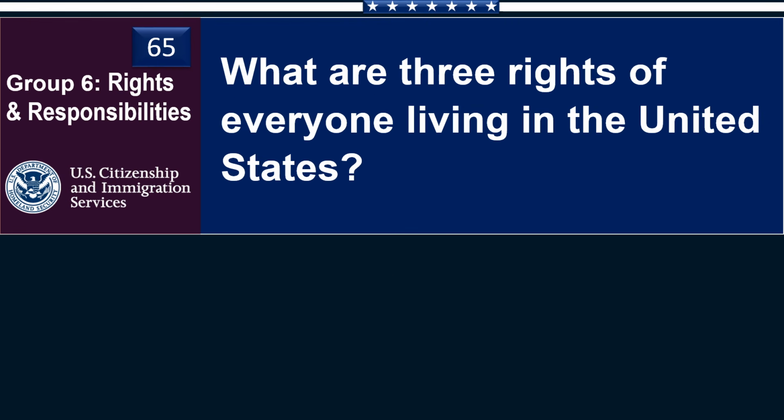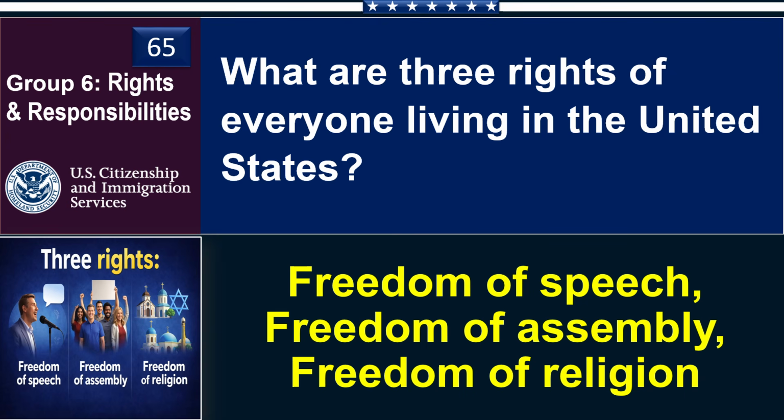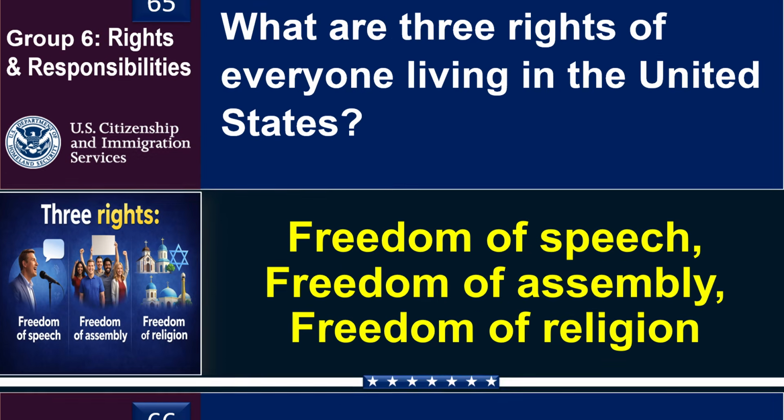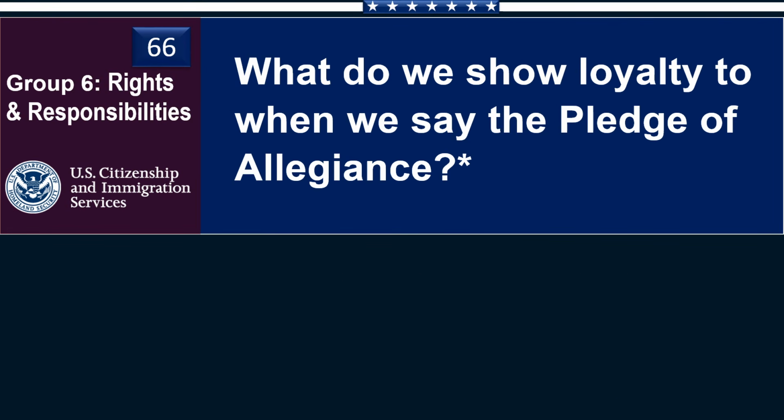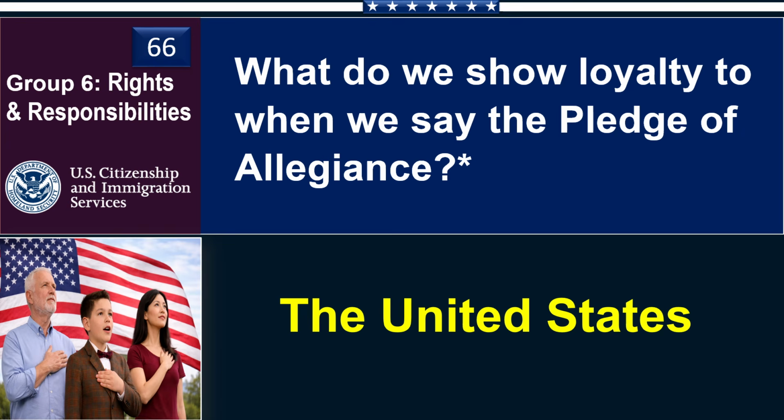What are 3 rights of everyone living in the United States? Freedom of speech, freedom of assembly, freedom of religion. What do we show loyalty to when we say the Pledge of Allegiance? The United States.